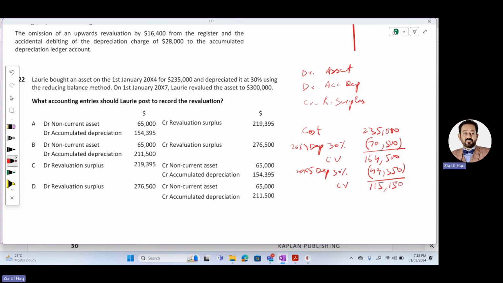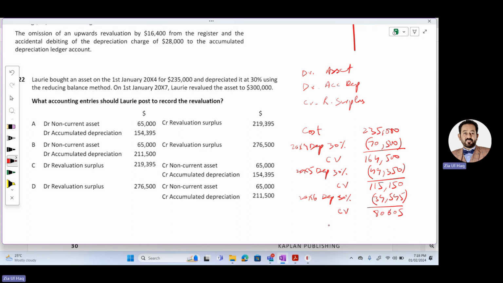For 20x6, we will record depreciation at the rate of 30% of 115,150. That is 34,545. If we deduct, we will arrive at carrying value of 80,605.